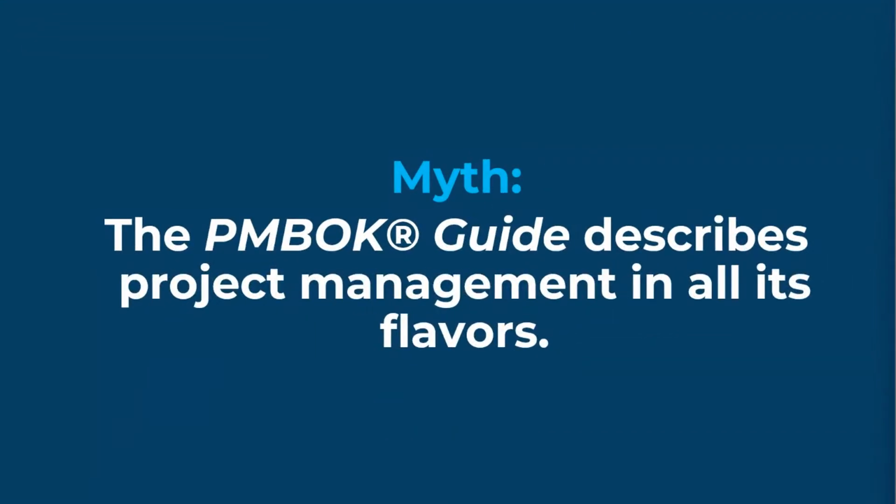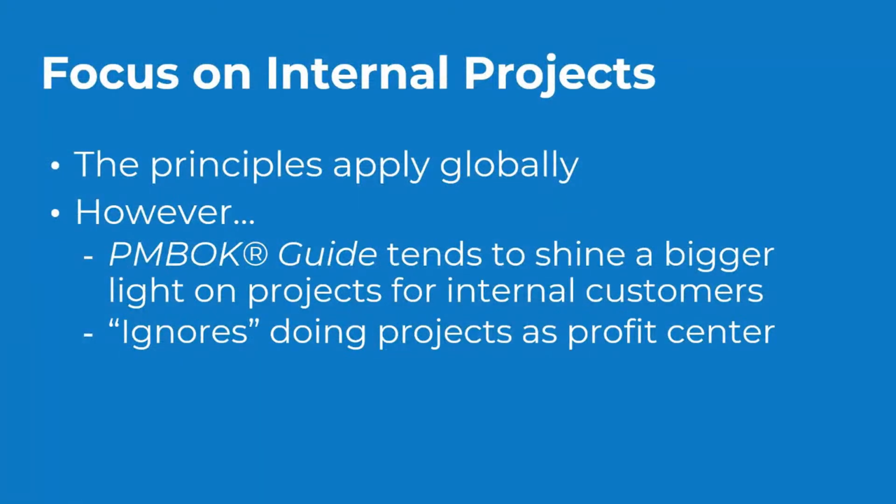And now PMBOK 7, we clearly have the situation where you can say that it is applicable globally. So the principles of PMBOK 7 apply globally, but historically, the PMBOK guide tends to shine a much bigger light on projects for internal customers, and it ignores doing projects as profit centers.